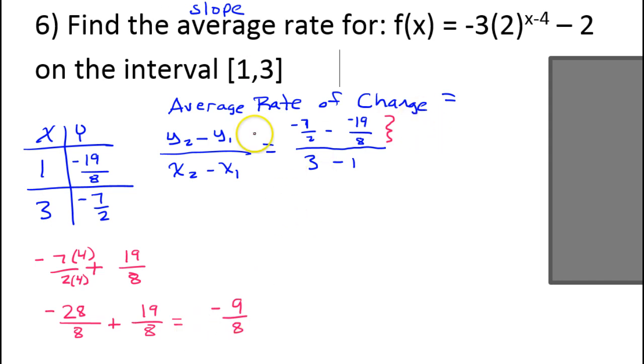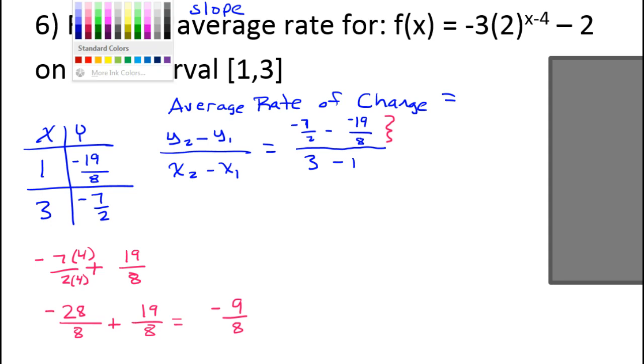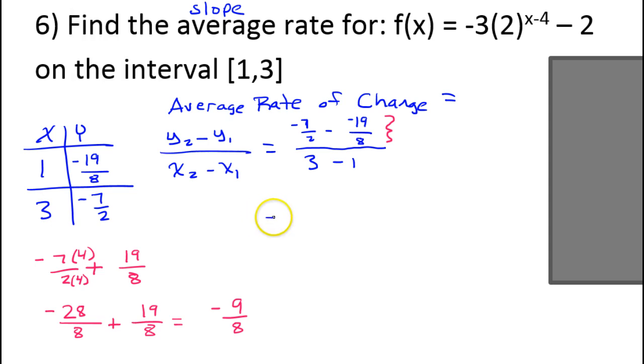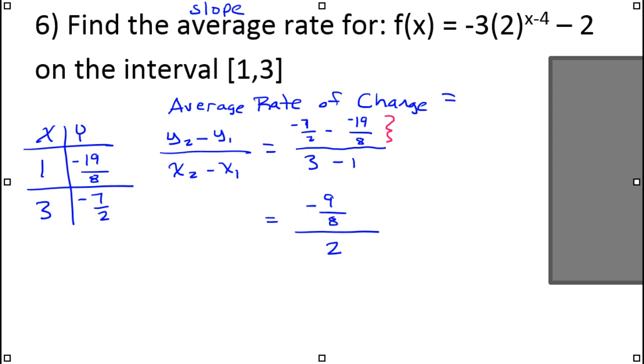So what I have now is negative 9 over 8, and that's in my numerator. Now 3 minus 1, of course, is 2. So it's just a matter of what is this. Now, when you're dealing with fractions, the way you divide is that you multiply by the reciprocal.